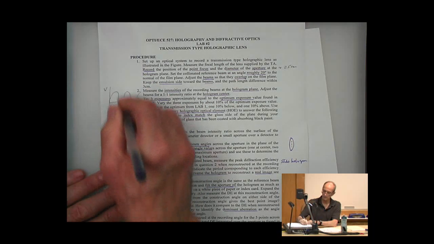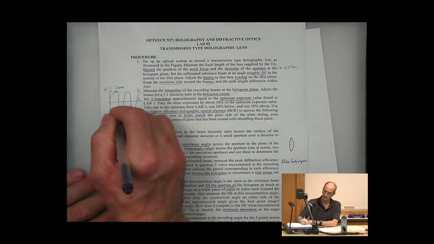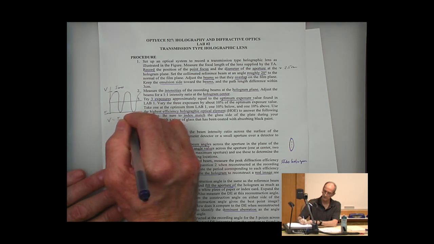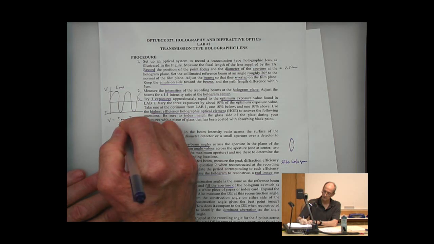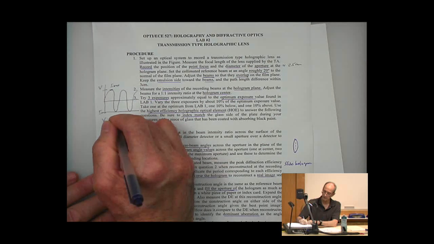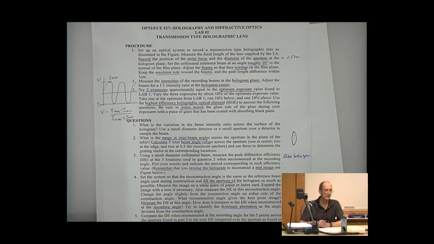Visibility is I max minus I min over I max plus I min. This gives you the highest contrast or visibility that you can get. And with a value of 1 for each beam, you can match that.